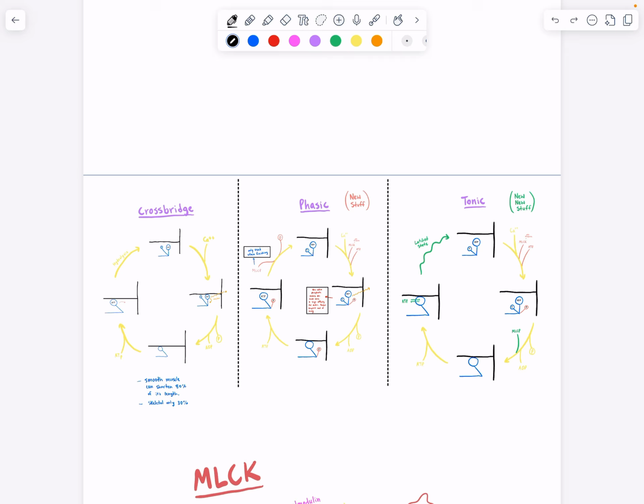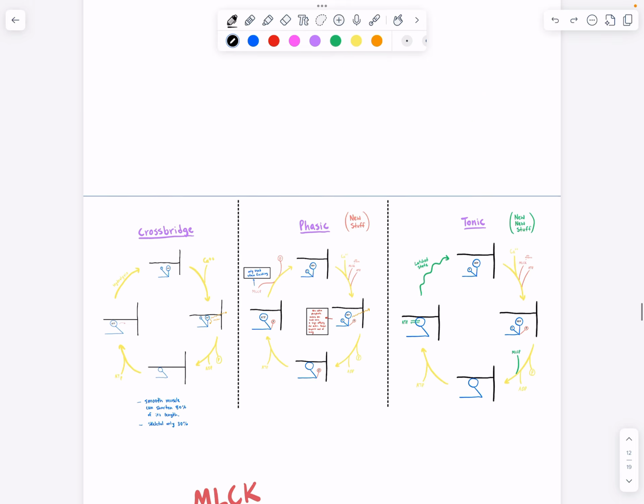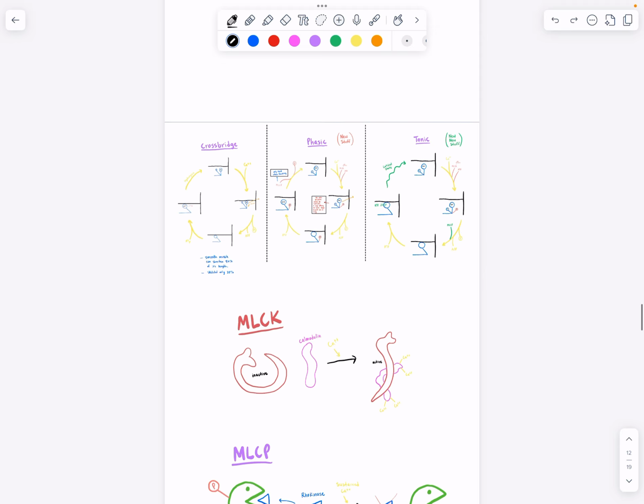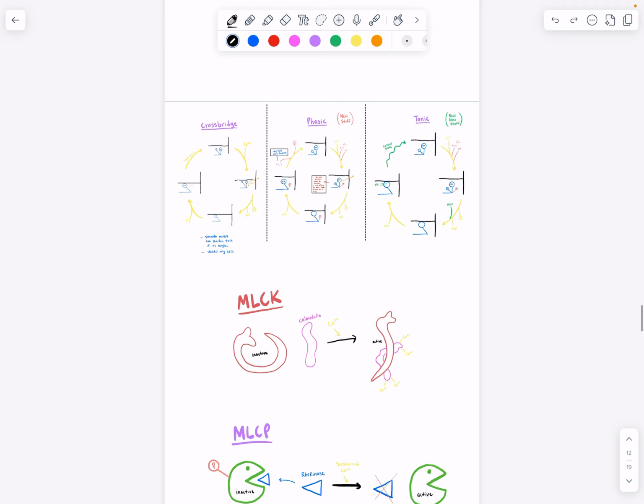So that's another difference between smooth and skeletal muscle. Yeah, so those are the main differences between smooth and skeletal muscle.